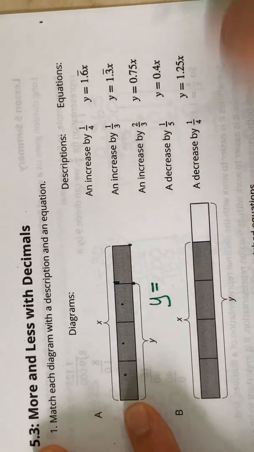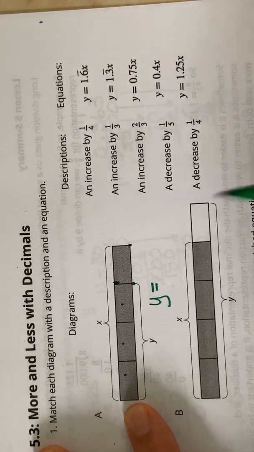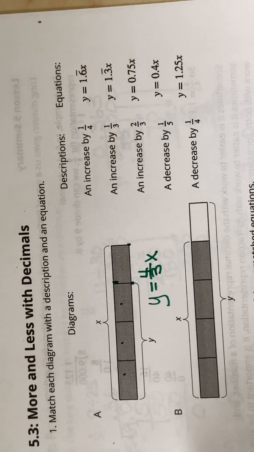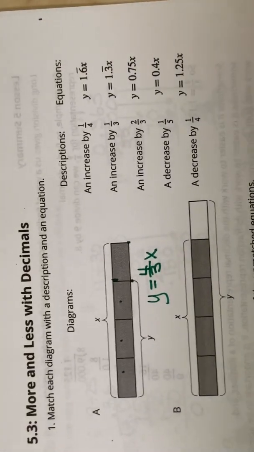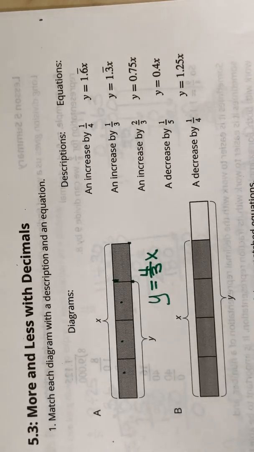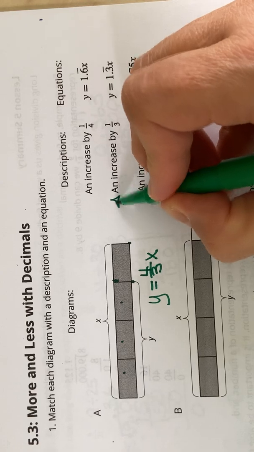If y is equal to 4/3 x is what I would write. Let me write that. So if I say 4/3, that's 1 and 1/3. So this is an increase by 1/3.